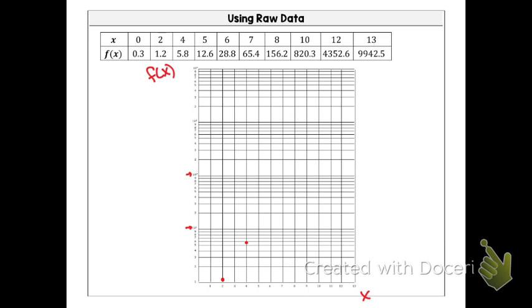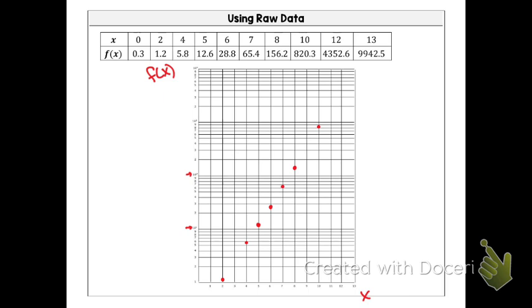So let's see. Was it 5 and 12.8? All right, 6, 28.8. 7, 65.4. 8, 156.2. 10, 820.3. 12, 5342.6.